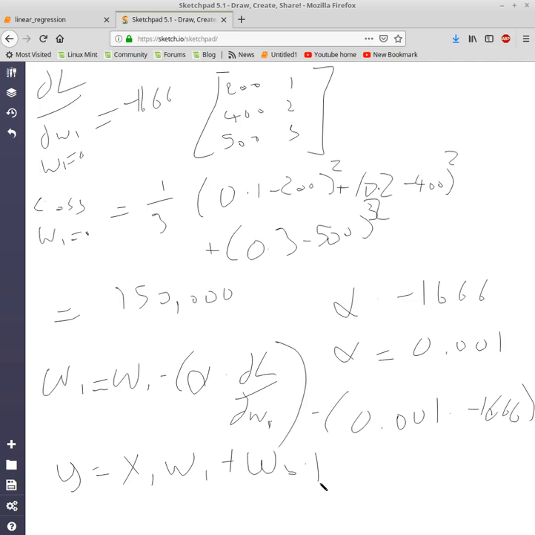Let's say we had 3 points for our housing graph again: 201, 402, and this time let's say 100 instead of 503. And we initialize W1 equal to 0 and WB equal to 0.